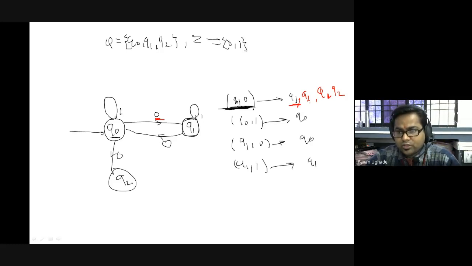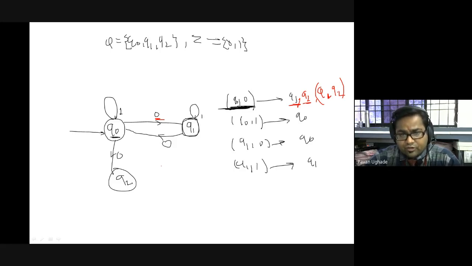Either it goes to Q1, or it goes to Q2, or it goes to both of them. This is the maximum possibility. Yes, class? I hope you are understanding. If such a situation is there, then it is called non-deterministic. We cannot predict from Q0 over 0 where it goes: Q1, Q2, or both, or none of them. This is how a non-deterministic finite automata comes into picture.